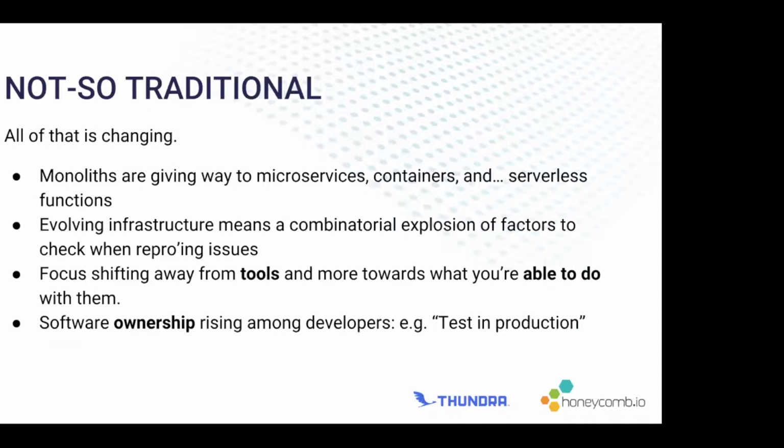And folks are starting to look beyond monitoring and logging to see what a newer class of tools will let them do. Because as developers are starting to take more ownership of what they're shipping to production, how it's behaving, they're folding ops into their definition of DevOps, and are needing to gain the superpower of being able to quickly find out, hey, why is my code not behaving the way I thought it should?